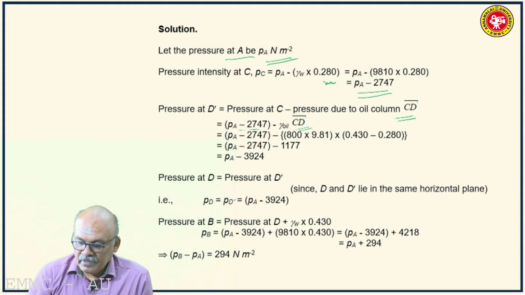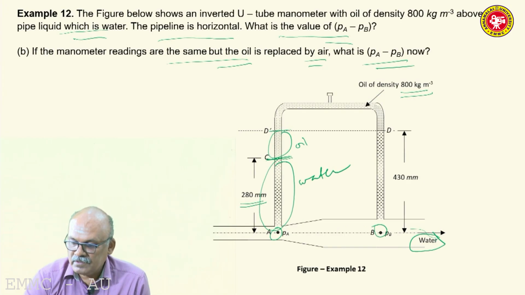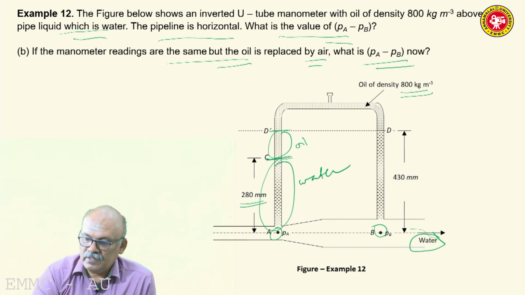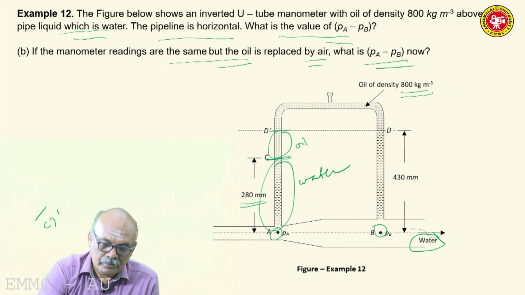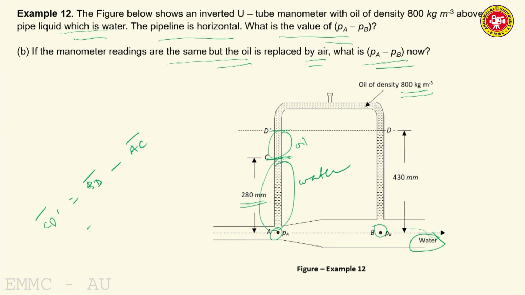So what is CD dash? CD dash, this is 430, this is 280. So the column CD dash is equal to BD, the column BD minus column AC. What is BD? 430 millimeters minus 280 millimeters.